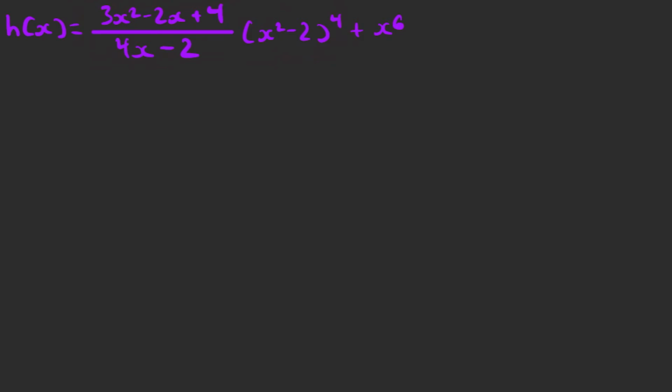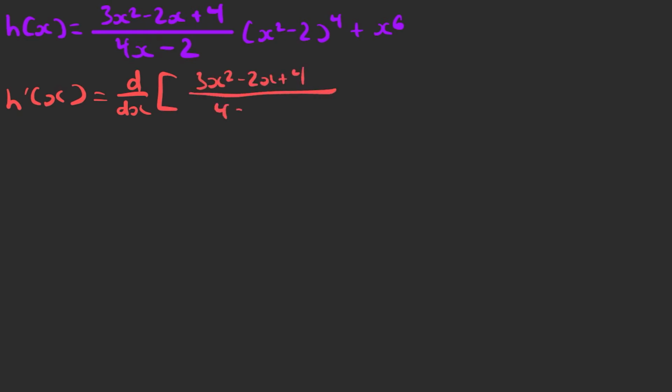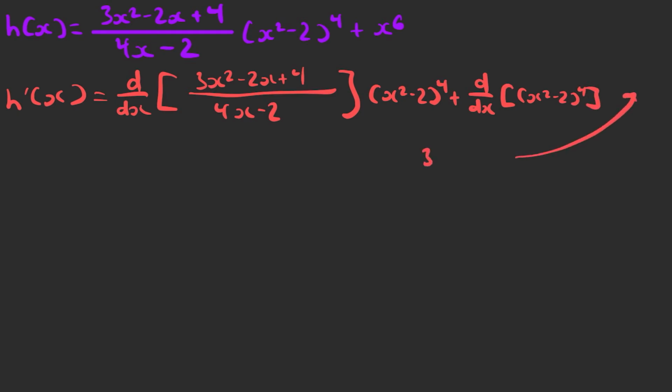So now h prime of x will be equal to, firstly, the derivative of this, so d on dx of 3x squared minus 2x plus 4 over 4x minus 2, times x squared minus 2 to the power 4, plus d on dx of x squared minus 2 to the power 4 times our crazy fraction 3x squared minus 2x plus 4 over 4x minus 2, plus this x to the power of 6, which I don't know why it's that.